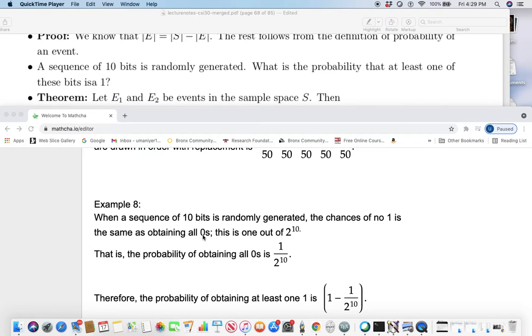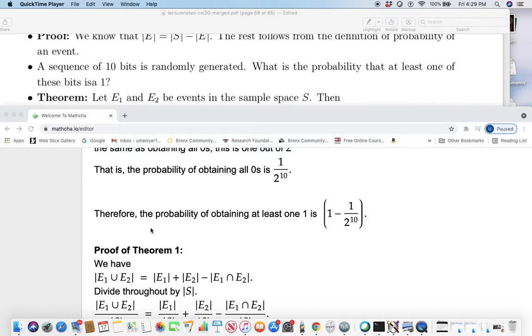So that's precisely one string out of 2 to the power 10. So the probability of obtaining all zeros is 1 over 2 to the 10. Therefore, the probability of obtaining at least one 1 is 1 minus the probability of no 1, that is all 0, 1 over 2 to the power 10.